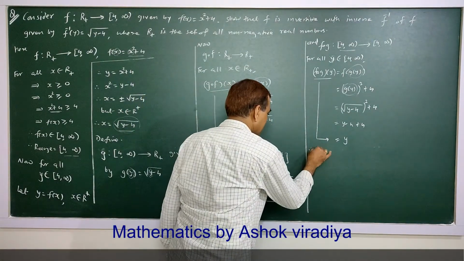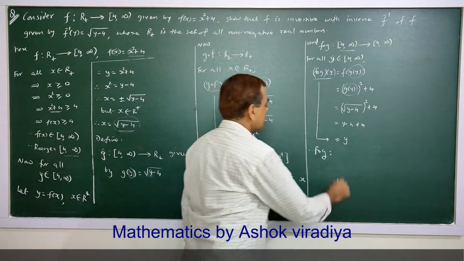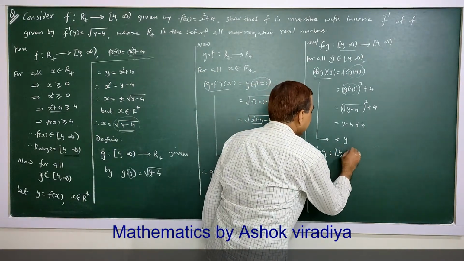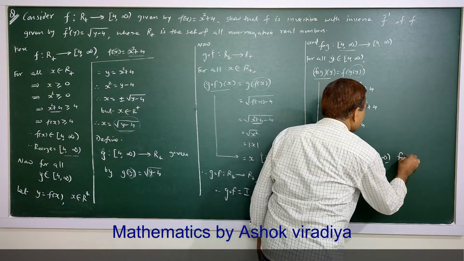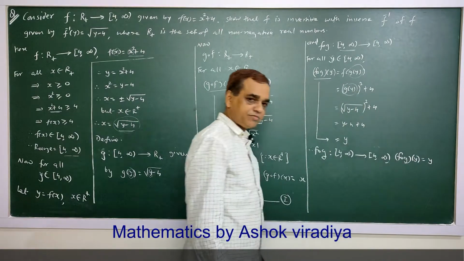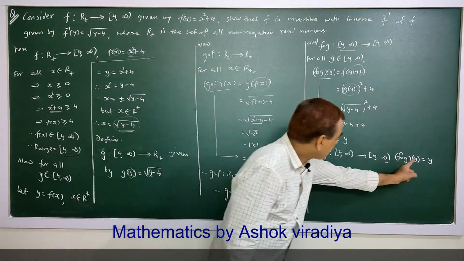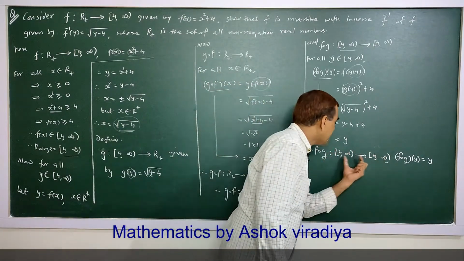Therefore f∘g is from 4 to infinity to 4 to infinity, and (f∘g)(y) equals y. This function also keeps elements unchanged and its domain and codomain are the same.